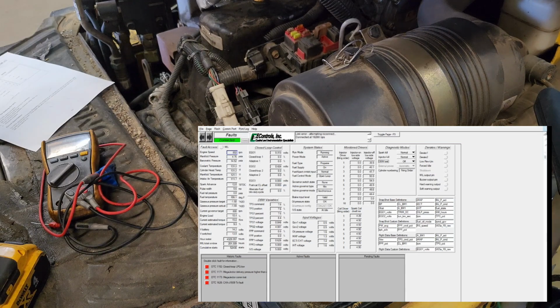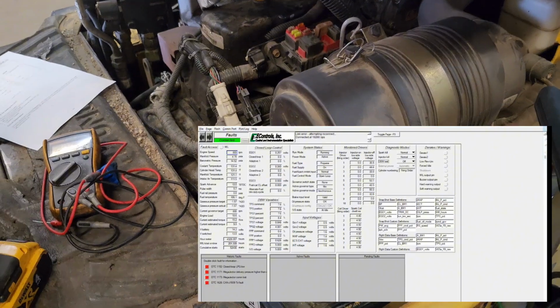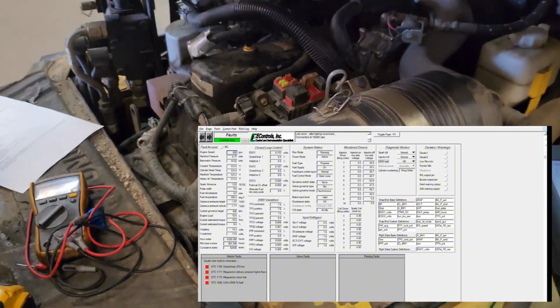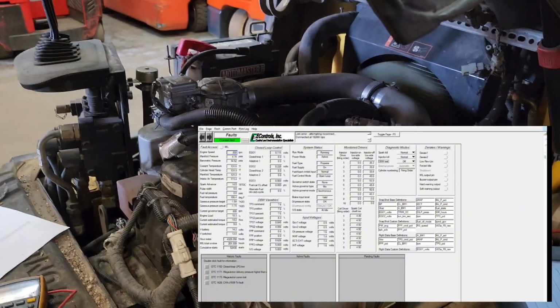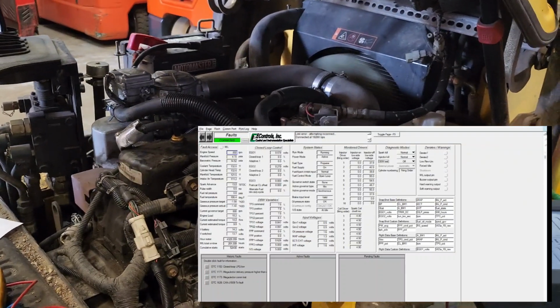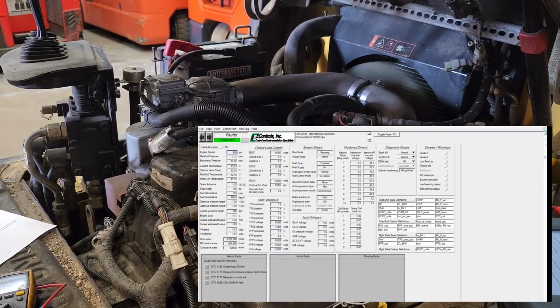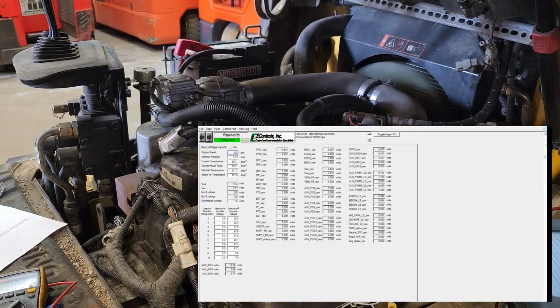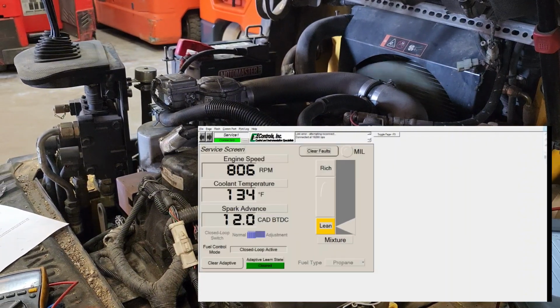As you can see, it doesn't shake as much anymore. Okay, go back to the other screen. Closed loop already, and you can see that our oxygen sensor is already switching.